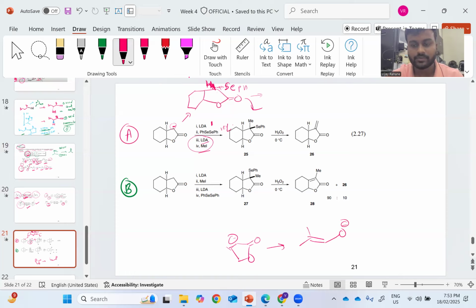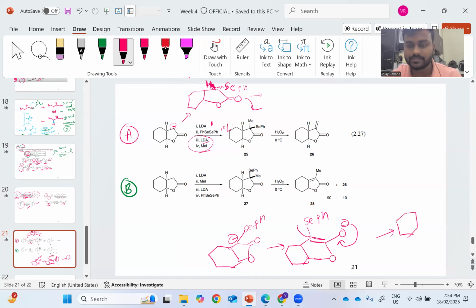So once we abstract the proton, this group is converted into the plane. So now the stereochemistry of this one will be in the plane, right? And once this goes down, the addition of this methyl group also takes place again on the exo side. So what happens when the addition takes place on the exo side?